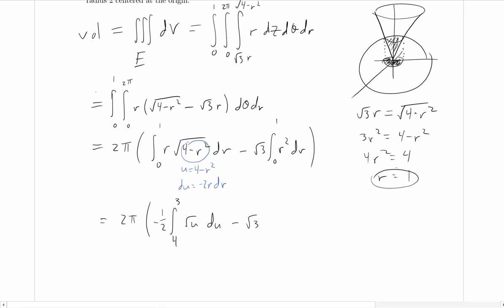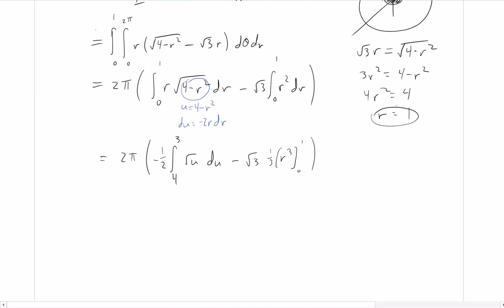For the second integral, it's pretty easy. The integral of r squared is 1/3 r cubed, from 0 to 1. So let's do some simplification before moving on. The bounds here, the 3 and the 4, are sort of in a weird order.